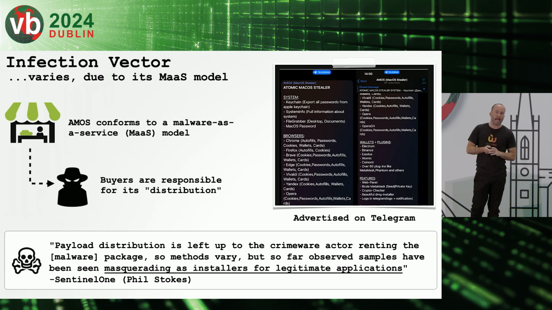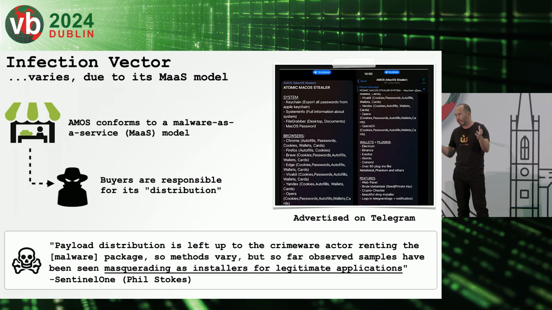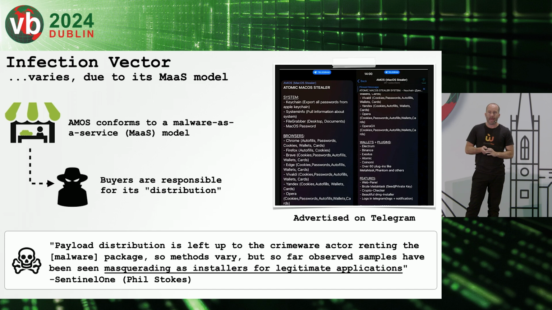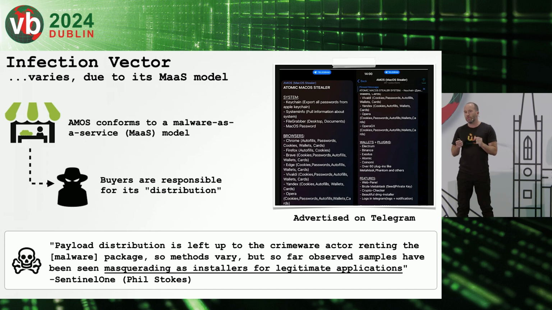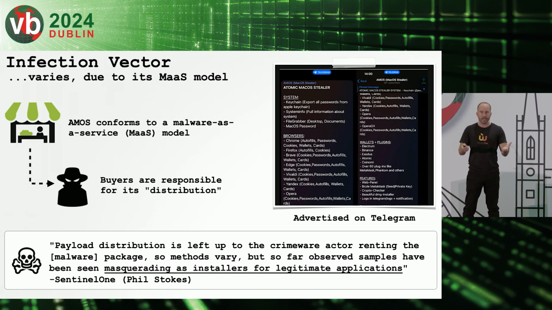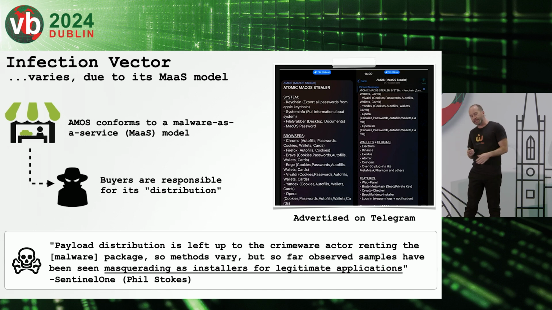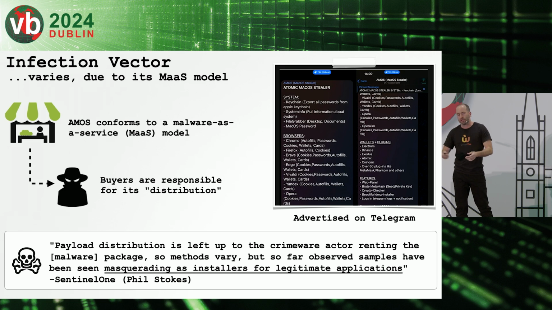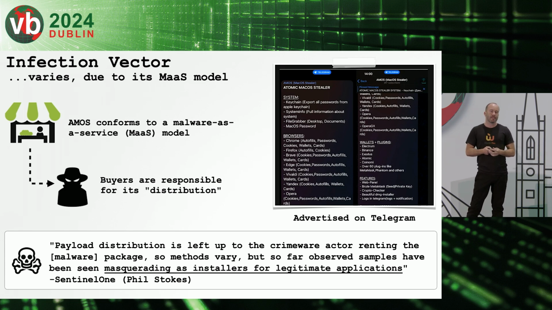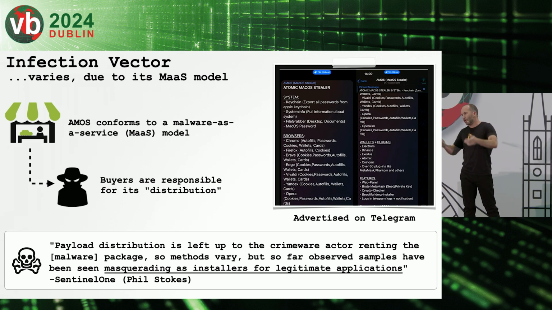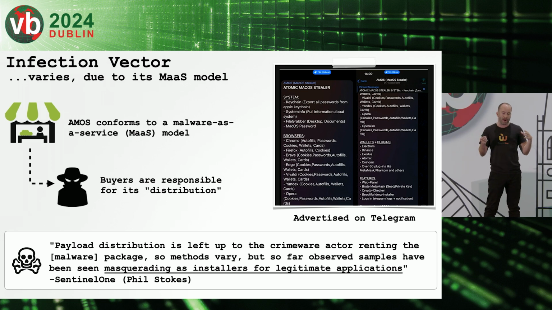So you might be wondering, how does this malware, which is so prolific, spread? And the answer to that is a little nuanced, because Atomic Stealer is written by an individual developer or perhaps a group of developers and then is offered as malware as a service, which basically means that the creator will rent it out or sell it to other crimeware actors.